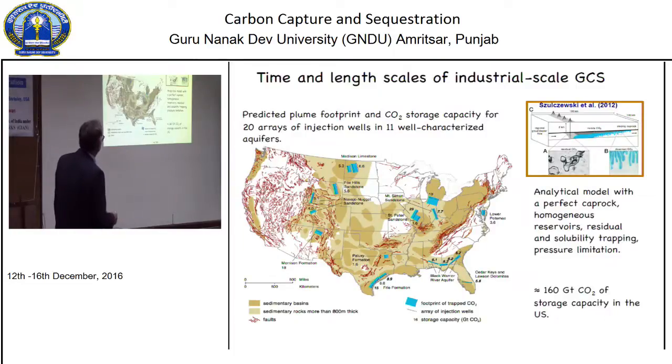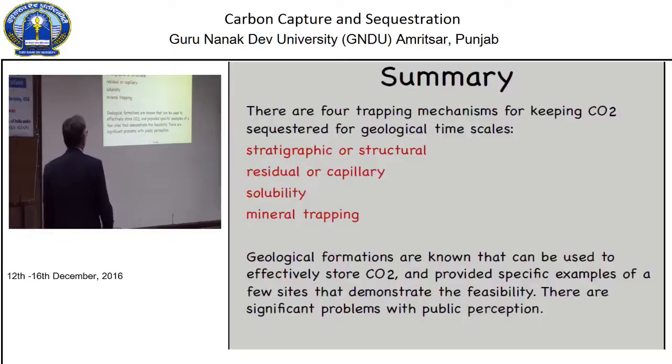And then there are analytical models, as this paper shows, in which they use mass and energy conservation equations to predict when the CO2 is in bubbles, when it dissolves in the brine. So the solubility trapping, the gas trapping, and the mineral trapping are all captured. And the bottom line is, we have 160 gigaton capacity in the United States without any unusual geology or geochemistry.